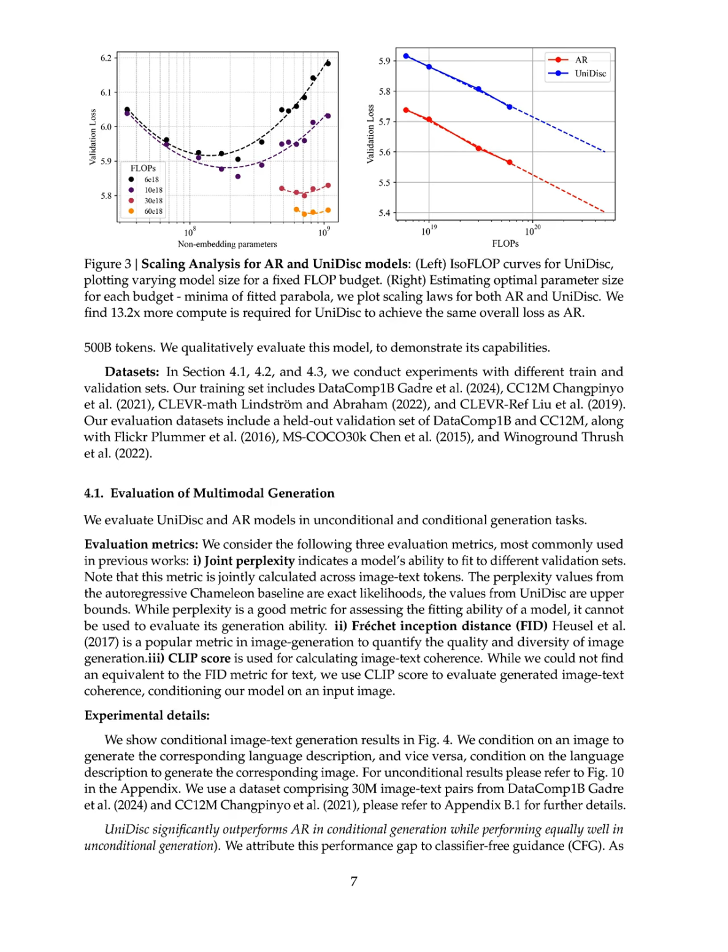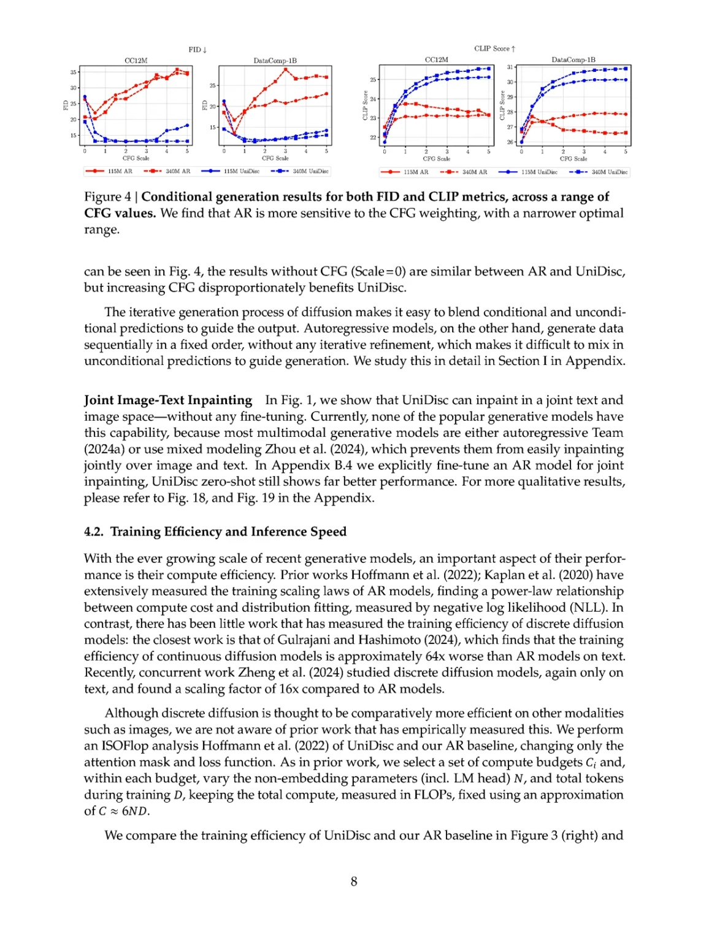Specifically, UniDisc achieves higher Fréchet inception distance (FID) and CLIP scores compared to AR models, which suggests superior quality and coherence in generated outputs. Additionally, UniDisc exhibits strong joint inpainting abilities without requiring fine-tuning, while AR models struggle to perform similarly, even when explicitly trained for this task.